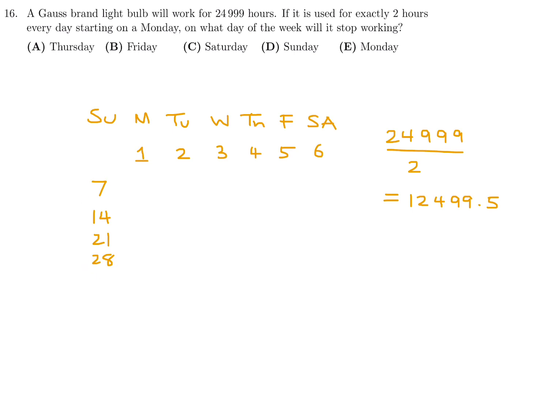So if I can figure out what multiple of 7 divides this, then at least I can get to put here, and then the rest I can just count. All right, well, let's do that. When I divide this by 7, my integer value is 1785. So 1785 times 7 is what goes here. Now I have to figure out where I am.